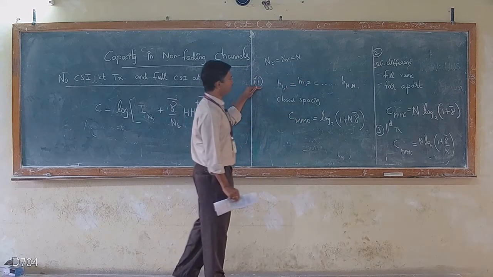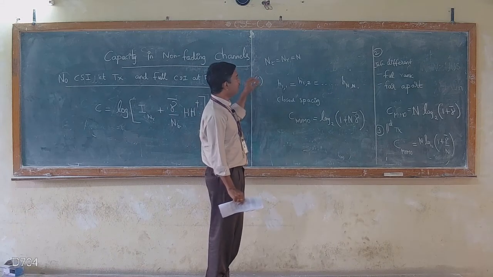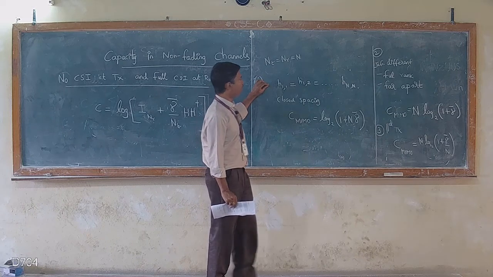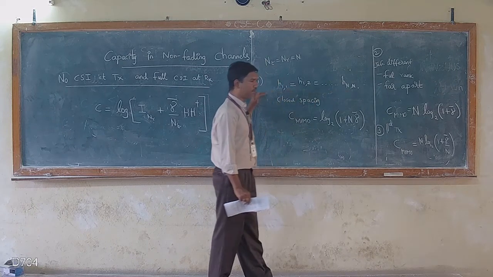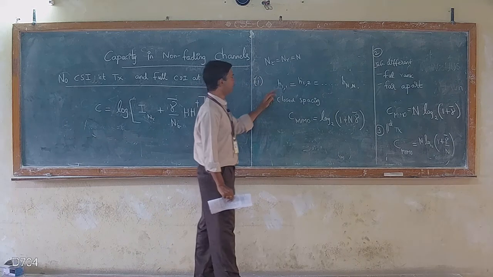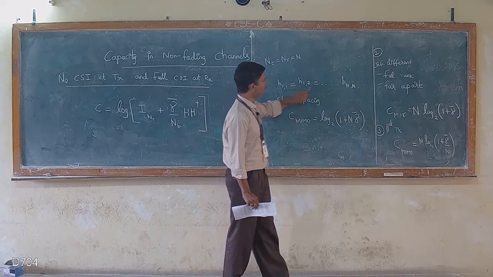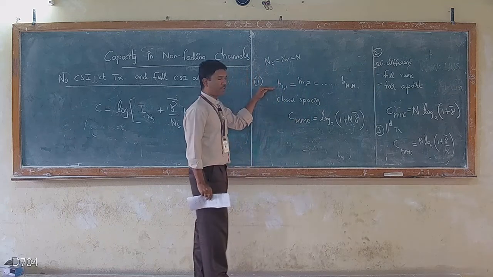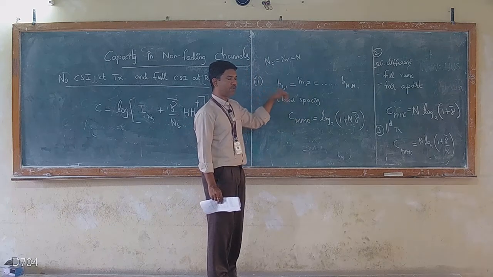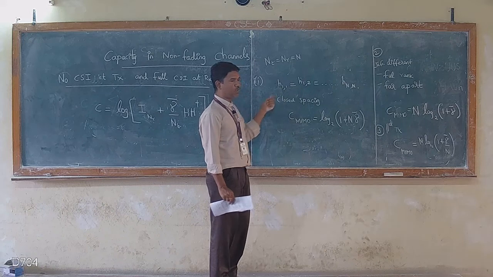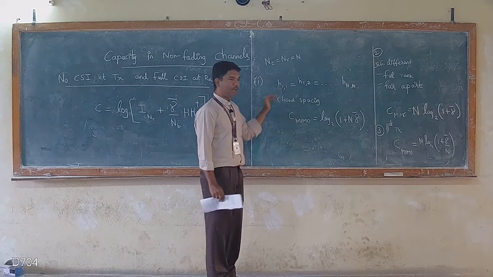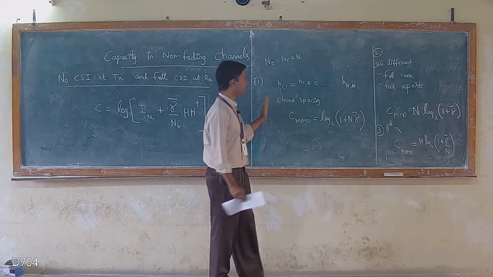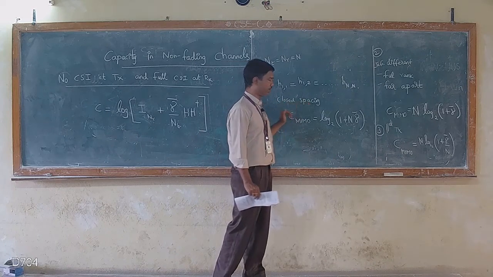Now case 1, how about the entries? If the entries of the channel matrix are all identical, that is H11 equal to H12 up to HNN, and this is possible, all the entries of the channel matrix, that is individual transfer functions, can be identical only when the antenna elements are spaced very close to each other.